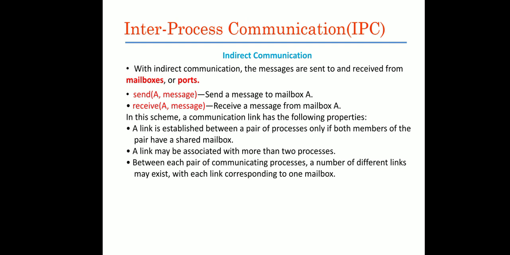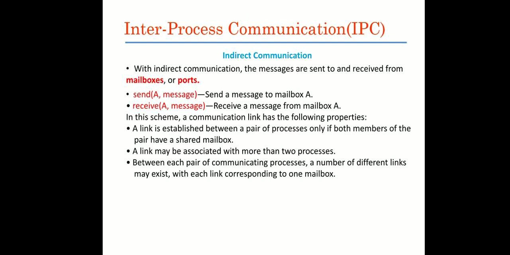In this indirect communication, when the sender wants to send any message to the receiver, the sender first puts that message into the mailbox or port. The receiver will not directly receive the message from the sender; the receiver will take that message from the mailbox. Here also we use two primitives for communication, send and receive.